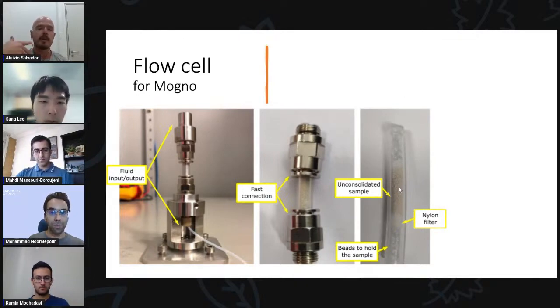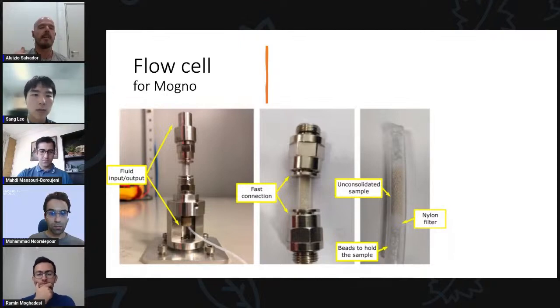This tube is transparent to X-ray, so it allows us to fully rotate the device to make the tomography experiment. Also, we can inject fluids through this flow cell, so we can follow in time, as I said, a specific reaction.